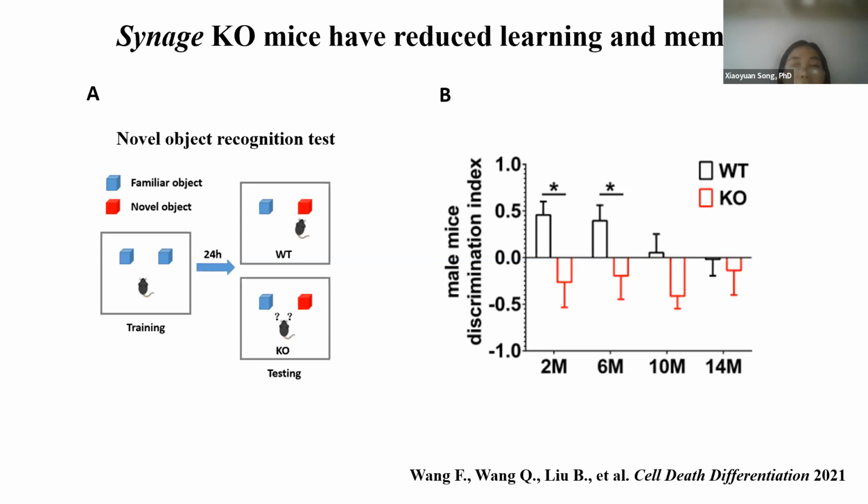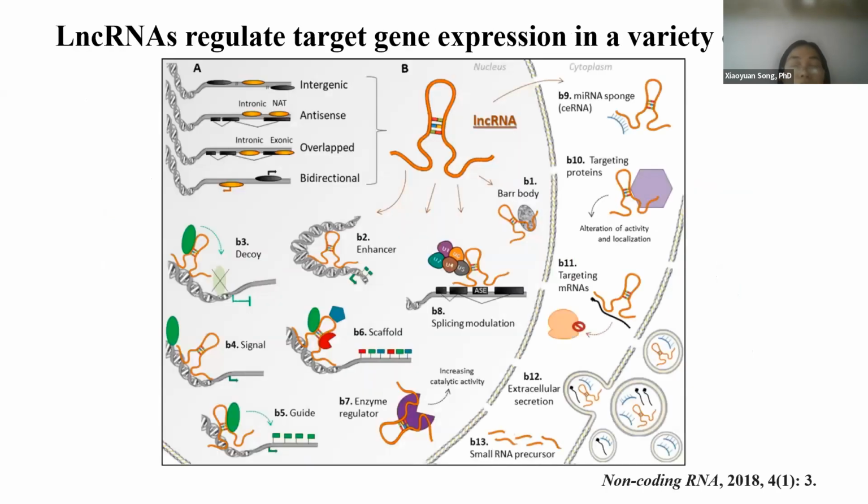So we showed phenotypes at all different levels by knocking out Synage. And we know non-coding RNAs can regulate targeted gene expression in different ways, so we are trying to find out the mechanism of how Synage functions in these phenotypes.